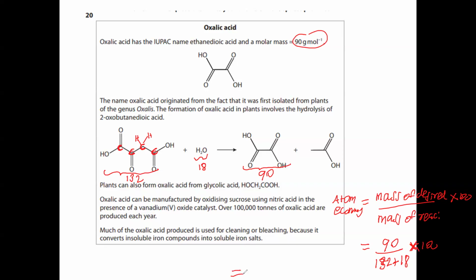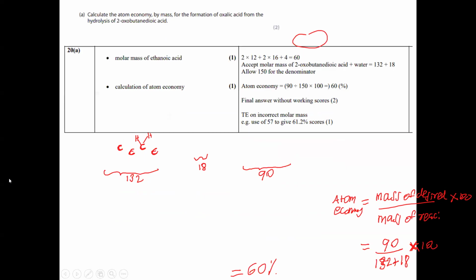So I'll do 90 divided by 150 times 100. Your answer should be 60%. Okay, let's see whether our answer is correct. So atom economy equals the mass of the desired product divided by the total mass of the reactants, times 100. Yes, it should be 60%.